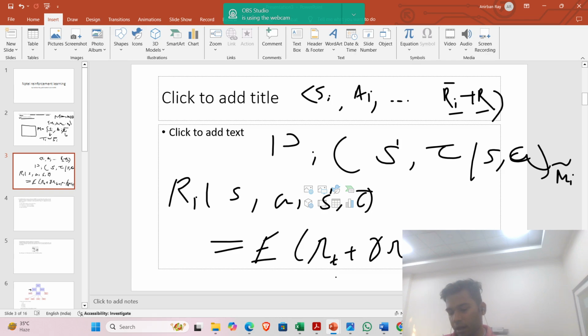So this is the accumulation of rewards for each SMDP, and so this is what we have written.